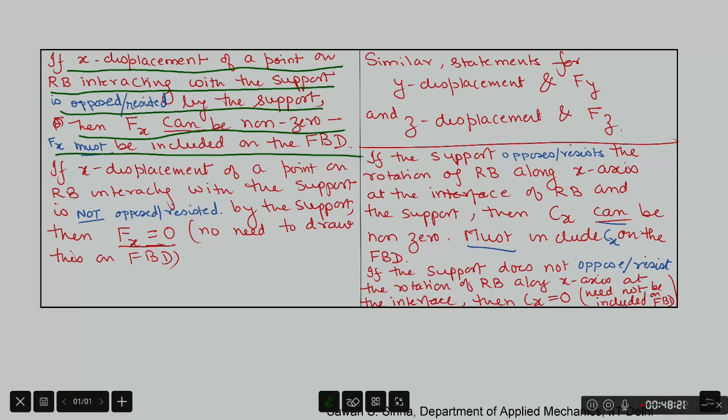If he says yes, my support is capable of resisting such displacement in the x direction, then you should decide that in your FBD the reaction force system generated by the support can have a non-zero Fx value. You should put Fx as an unknown on the free body diagram.